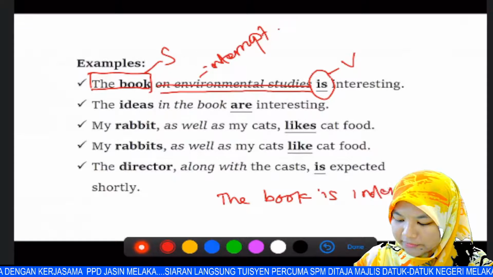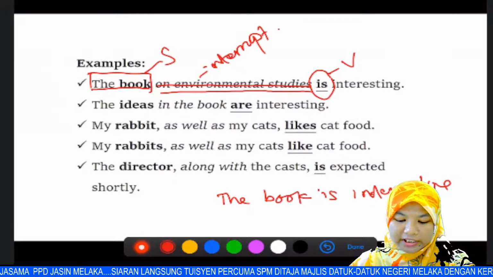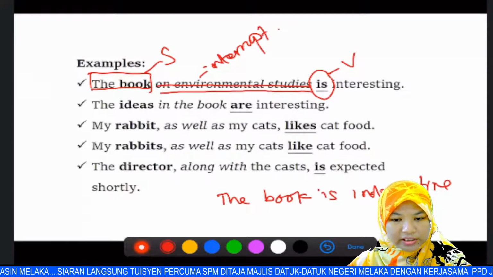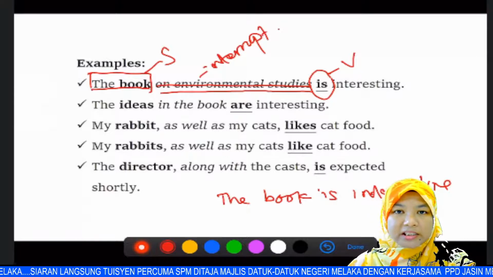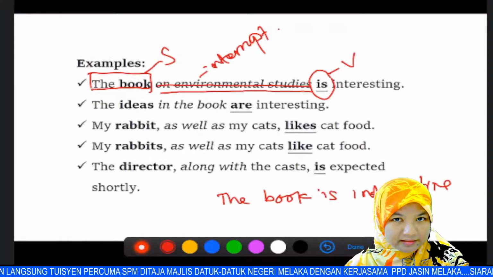Without the phrase "on environmental study," if I simply construct it as "the book is interesting," does the sentence make sense? Is it correct?